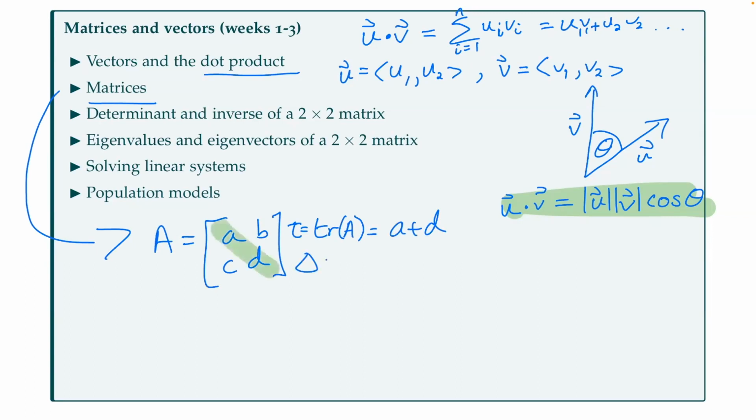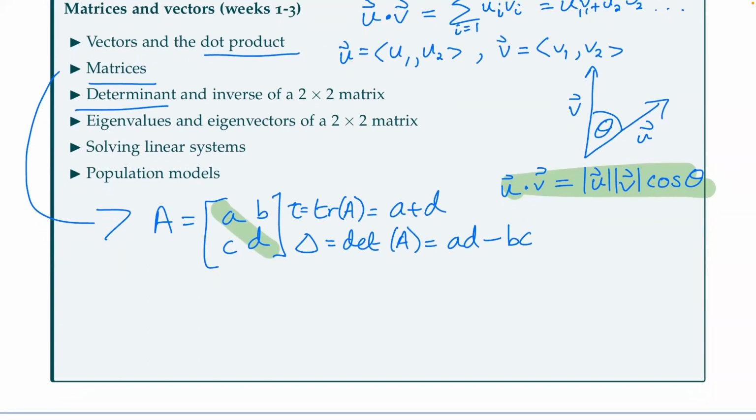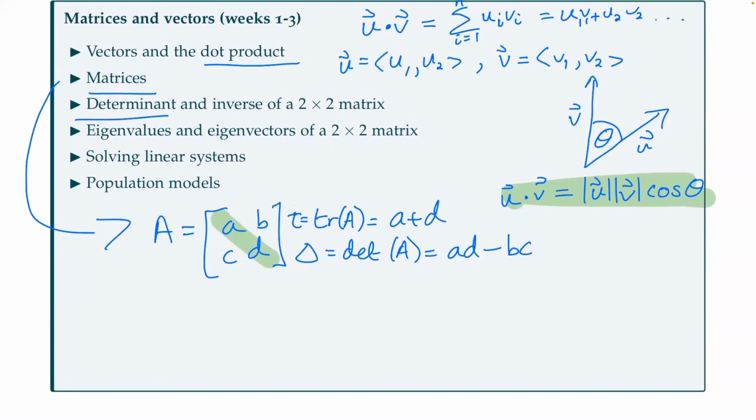We also had the determinant, which was the product of the elements on the main diagonal, A times D, and then subtract the product of the elements on the off diagonal. That's our determinant. And then we can use the trace and the determinant. We've used those extensively later in the course when we'll be talking about linear systems and non-linear systems of ODEs and trying to understand the stability of, say, an equilibrium.